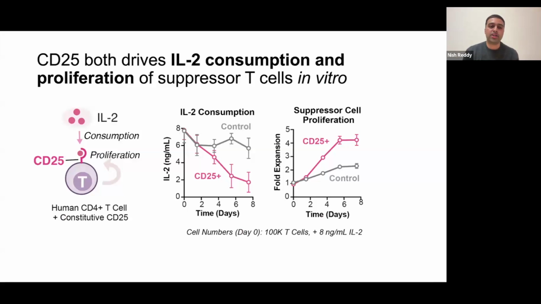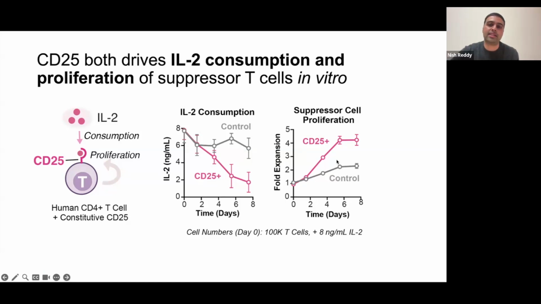So when we engineer our CD4 T cells to express CD25, what we notice is actually two things. CD25 is often thought to act as an IL-2 sink. In line with that, we see that in this in vitro cell culture over time that has exogenous IL-2 added, cells that express CD25 deplete IL-2 more effectively from the media than control cells that don't have CD25.